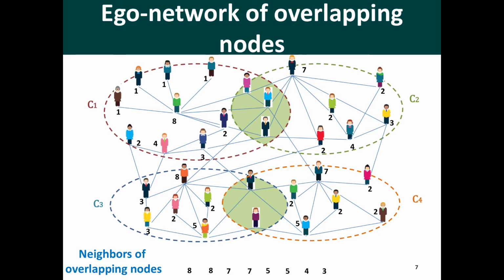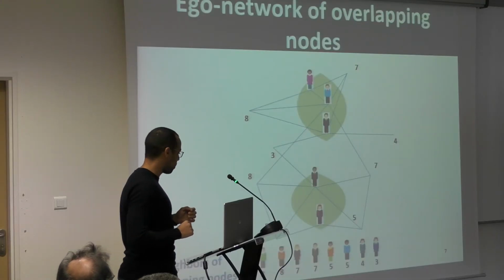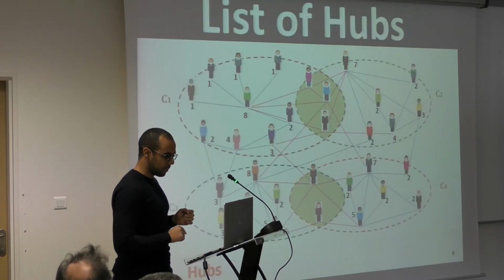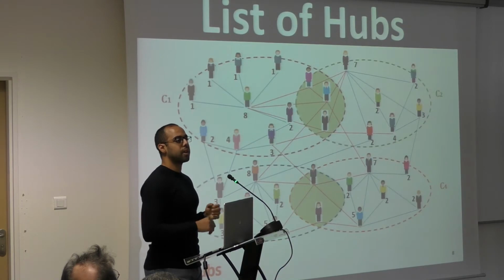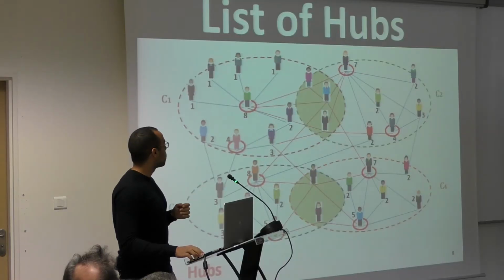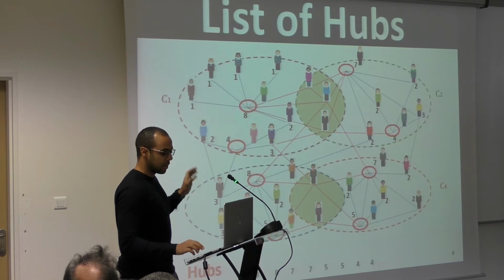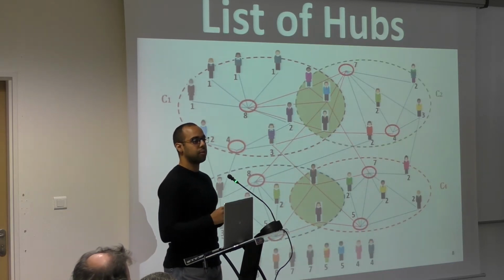After obtaining this network, we can define the list of neighbors of overlapping nodes, while the list of hubs is defined by sorting all the nodes of the network according to their degree. The list of hubs is defined as the top nodes, such that the list of hubs and the list of neighbors of the overlapping nodes have the same size.